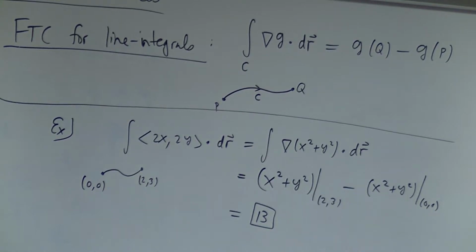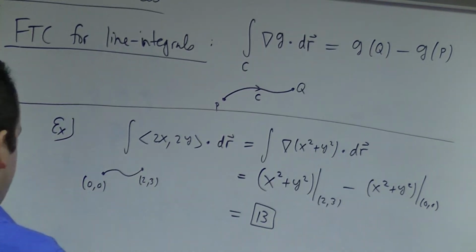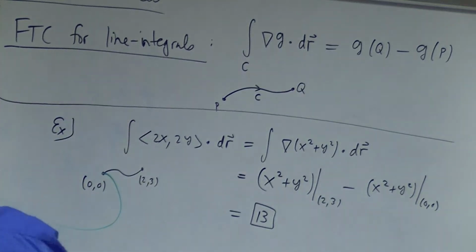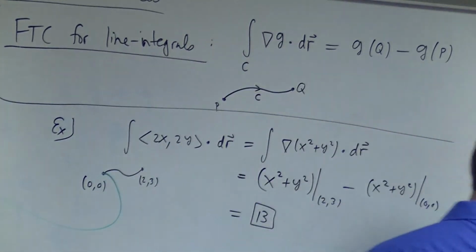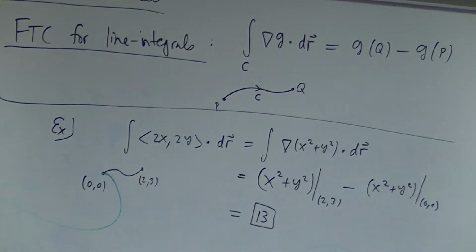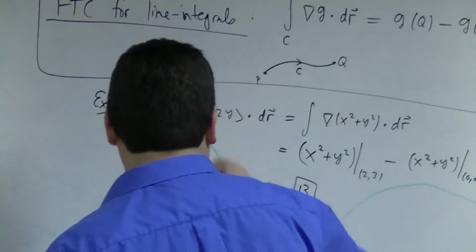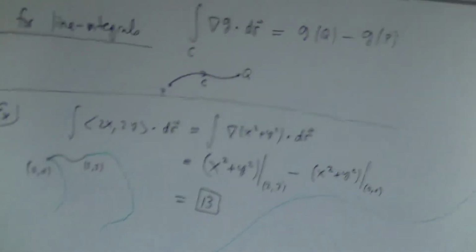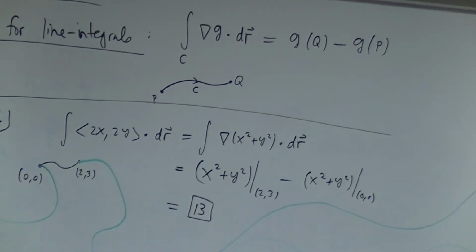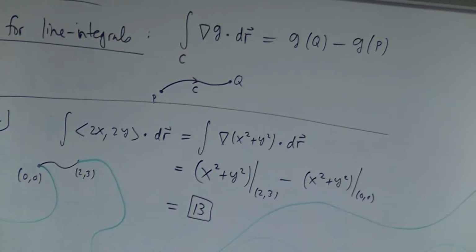For example, if I had instead taken this path, that path, I would still have done a work of 13. I mean, the line integral would still be 13.